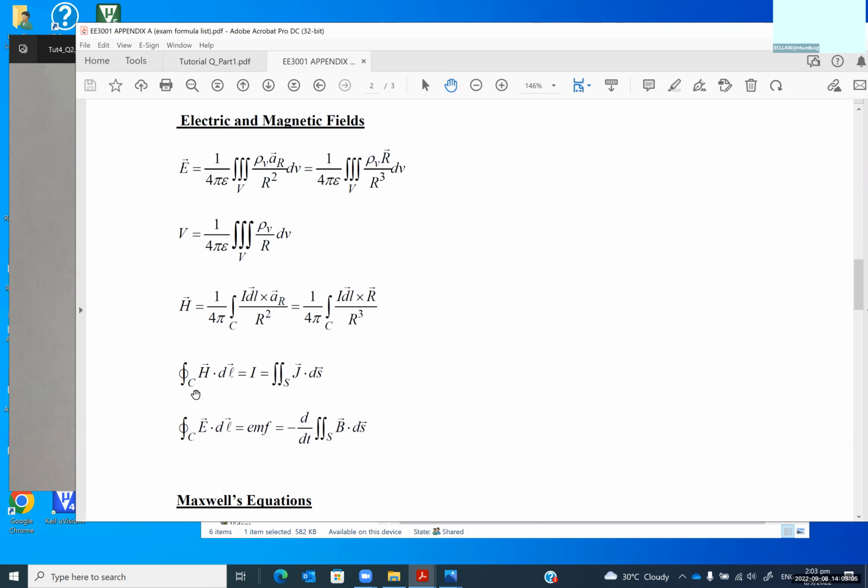Closed loop magnetic. Closed loop. Okay, I'm looking for the keyword. The keyword is closed loop. This integral sign with a circle around it is closed loop.